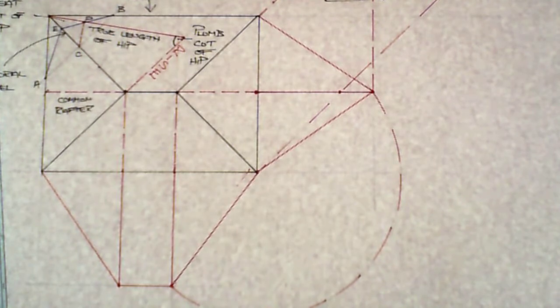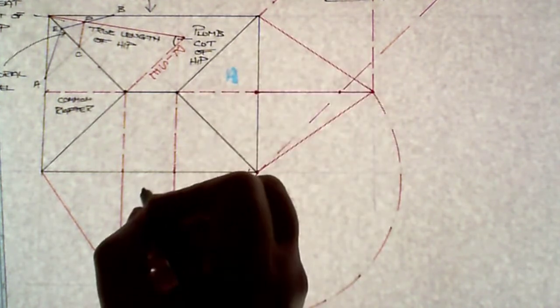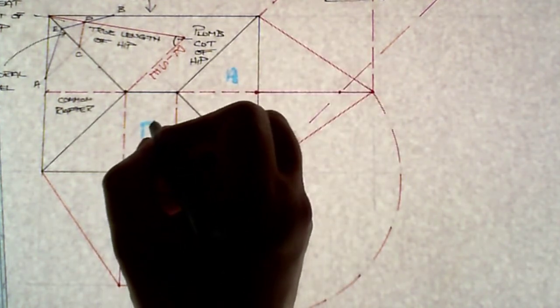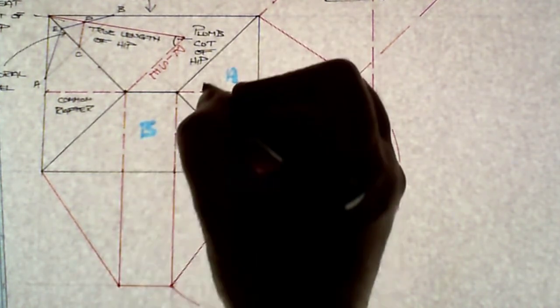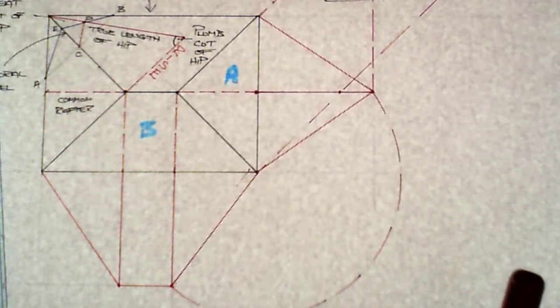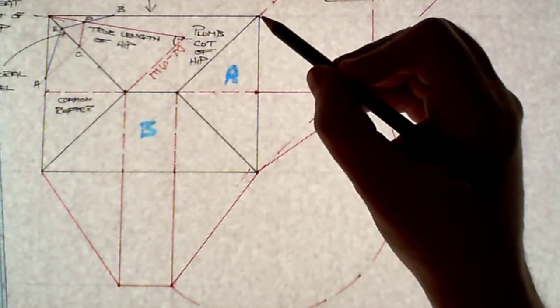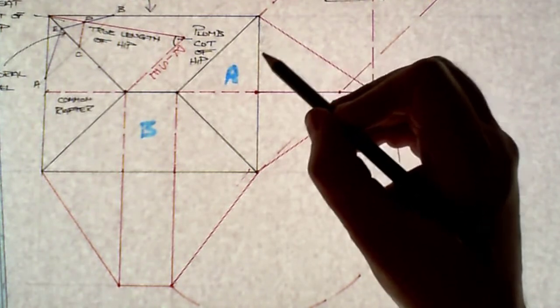So I'll indicate those two as, say, roof surface A and roof surface B. So A and B. As a true shape, this here, I just shade it in very quickly.